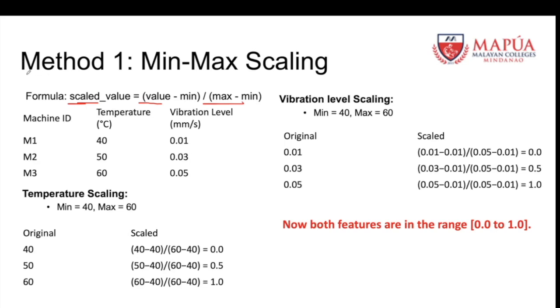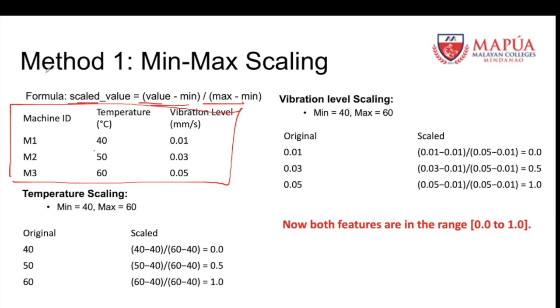So this is the original table for our data set. And we want the temperature to be scaled like the vibration level. So using the min-max scaling, we have the formula.